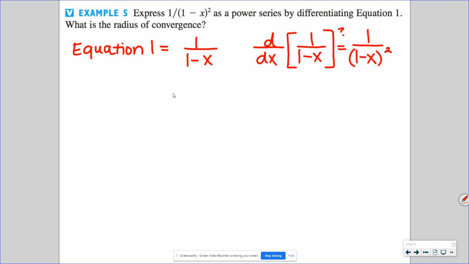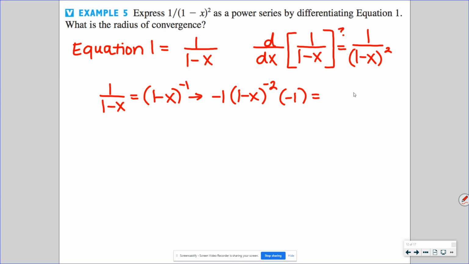Let's see what happens. How do we find the derivative of 1 over 1 minus x? Let's write it as 1 minus x to the negative 1 power. If we take the derivative, we would do mama baby times the derivative of baby, which would be negative 1. And if we move everything around, you would get a positive 1 on the top, 1 over 1 minus x squared. Look at that, it does work.